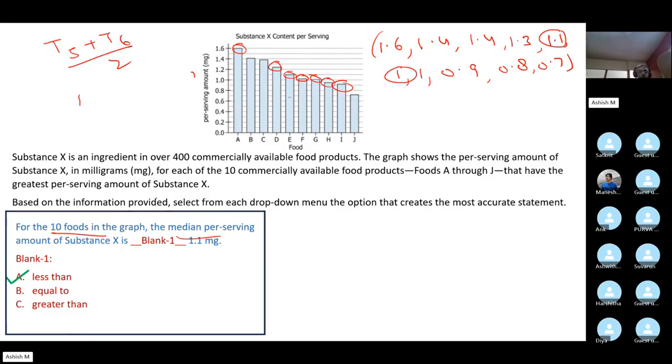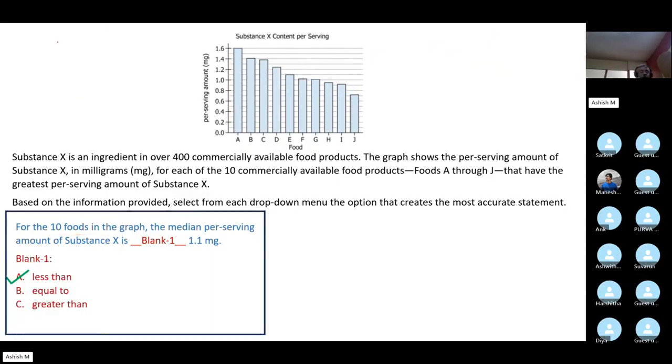Another way: since we know it is T5 plus T6 divided by 2, if we look directly at the 5th, it is E. This is the 5th, correct? Which is 1.1. Since the 5th is 1.1 and the 6th obviously is lesser than 1.1, the average of these two will be lesser than 1.1.